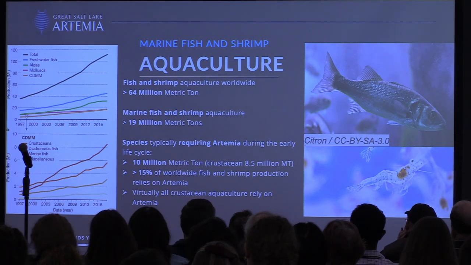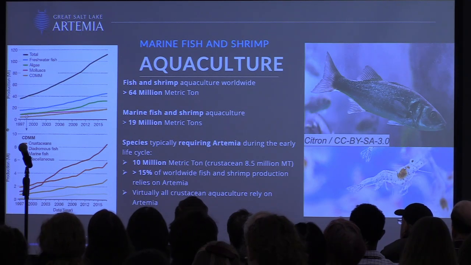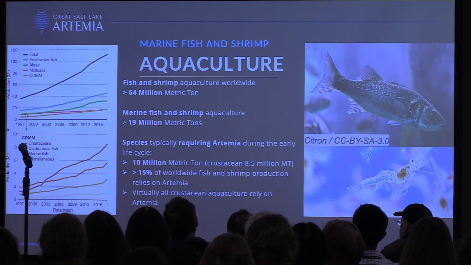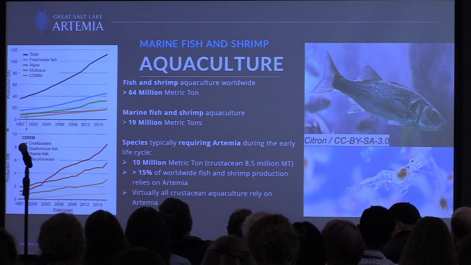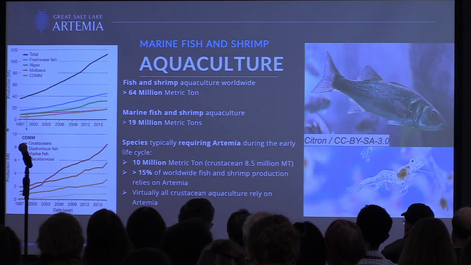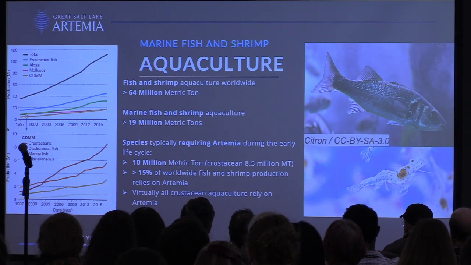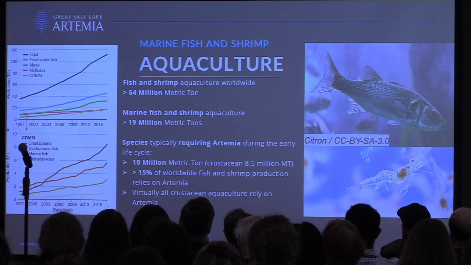Now, a significant portion of that is algae and mollusks, but a significant portion is also fish and crustaceans, mostly shrimp. 64 million metric tons of fish and crustaceans are being produced a year in the world. Of that, about 19 million metric tons are marine species, and of that, more than 10 million metric tons of food relies on Artemia for its production, especially in that early production cycle, as Patrick was mentioning.